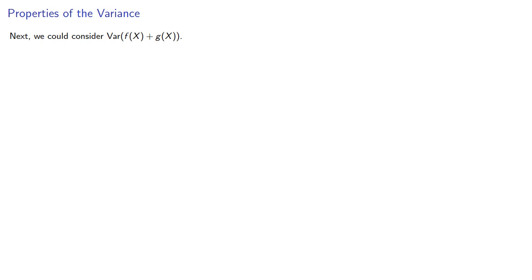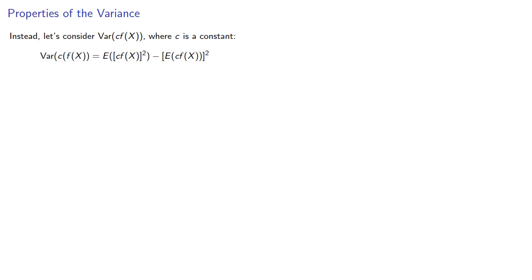Next, we could consider the variance of a sum, but we'll wait as it's actually kind of complicated. Instead, let's consider the variance of a constant multiple of some function. So again, using our computing formula, the variance is the expected value of the square minus the square of the expected value.